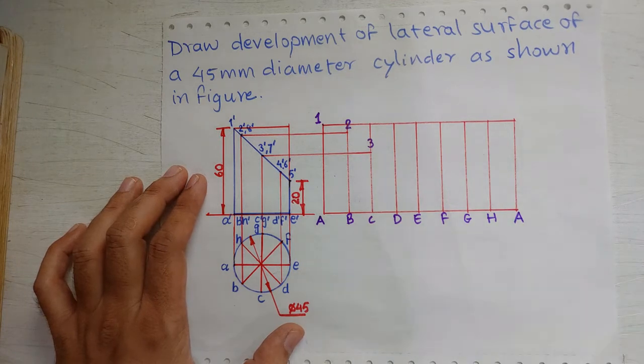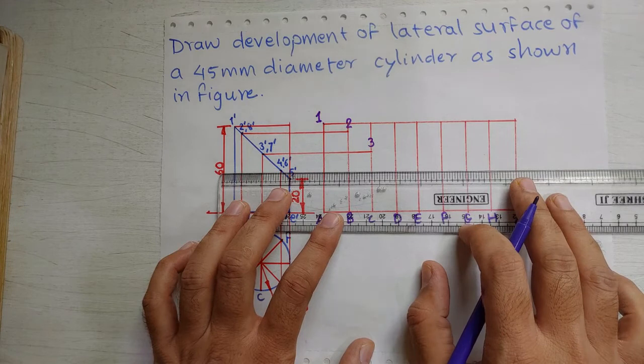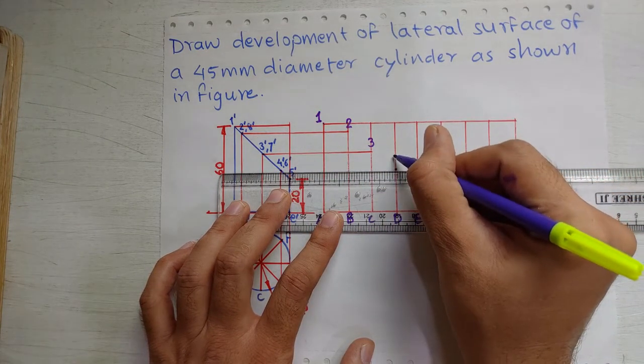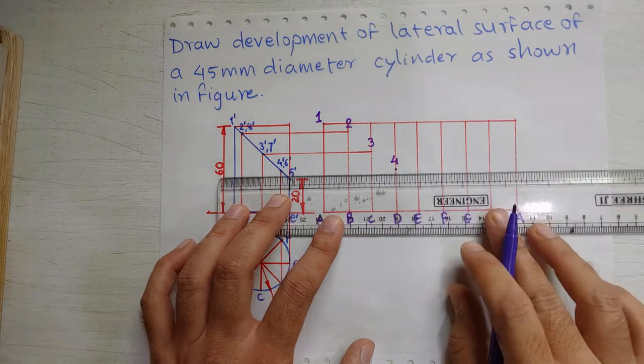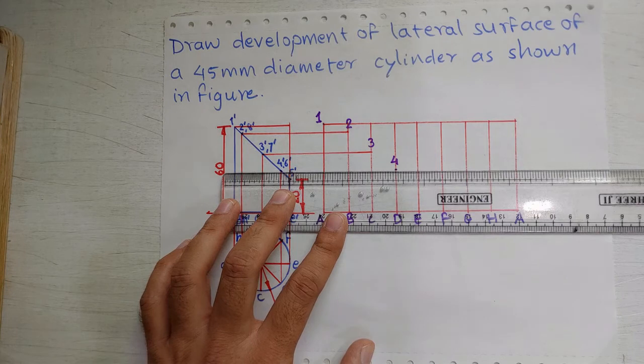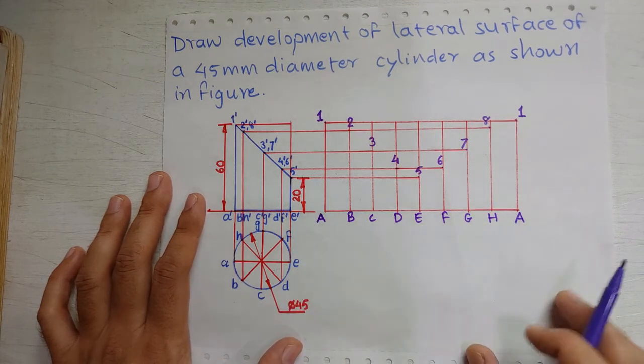And so on, I will transfer these points to the particular generator. Point number 4 is on D. Alright, so all the points are now transferred on the particular generator.